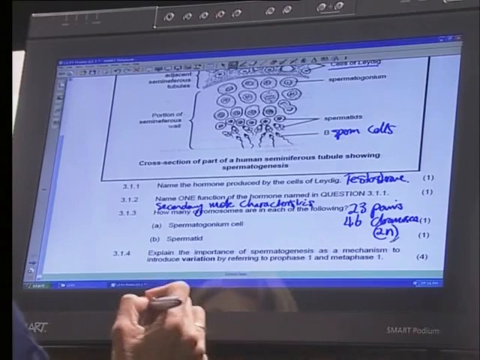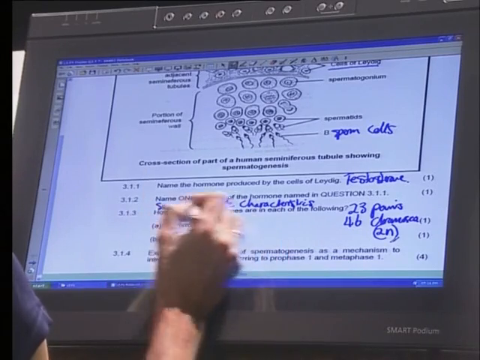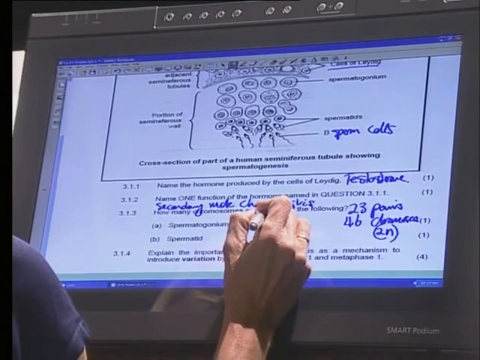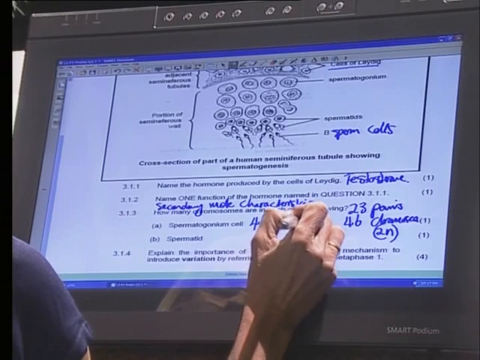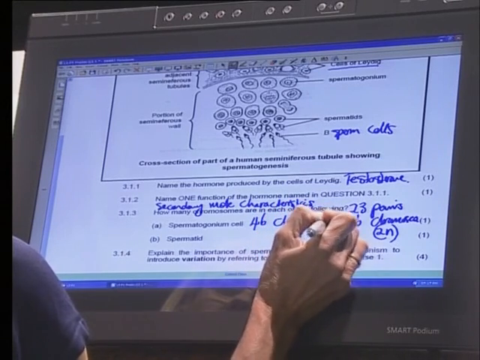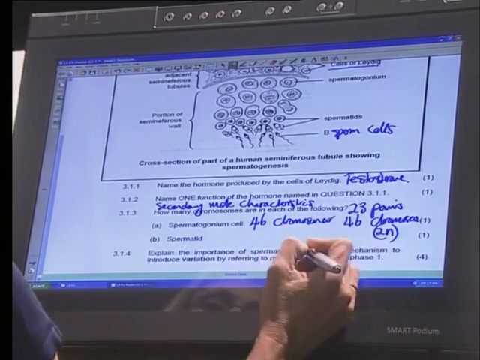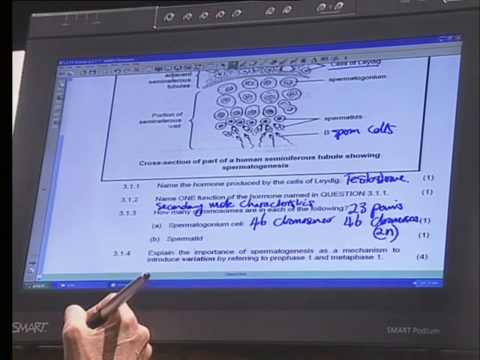That's what we have in our cells if it is diploid. In your spermatogonium, it hasn't undergone meiosis yet, so it is going to have 46 chromosomes, or 23 pairs, or a diploid chromosome number.